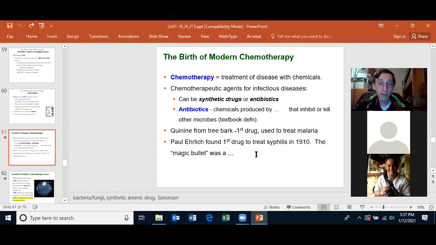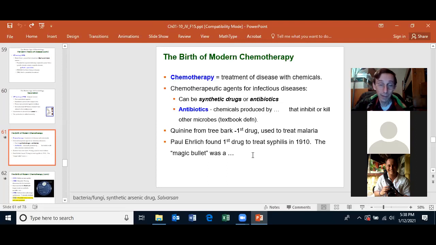Now, the thing about his drug, Salvarsan, is it was a synthetic arsenic drug. And as you can imagine, an arsenic drug is a little bit toxic to people, but it could be used at the proper dosage to treat syphilis and not kill the patient.